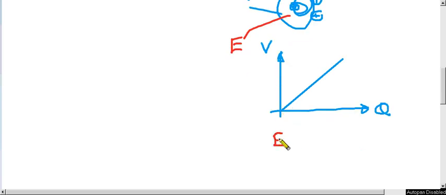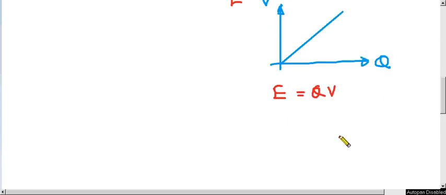Energy equals Q times V, because V is the energy for 1 coulomb, and Q is the total charge. Let's take capital Q. So this is the equation.